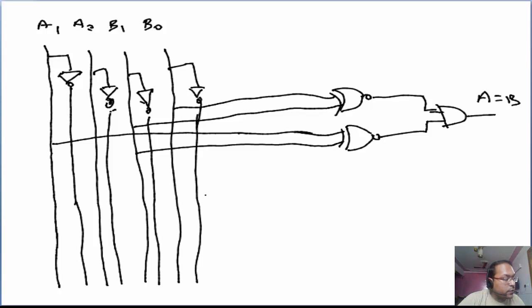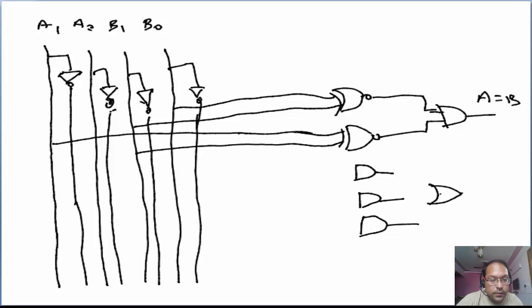Secondly, let's make the figure for the circuit for A less than B. For A less than B, the expression was A1 bar B1. So let's make the AND gate. Here we require 3 AND gates since there are 3 terms, and these terms of course are added up. So I'm passing it through the OR gate.